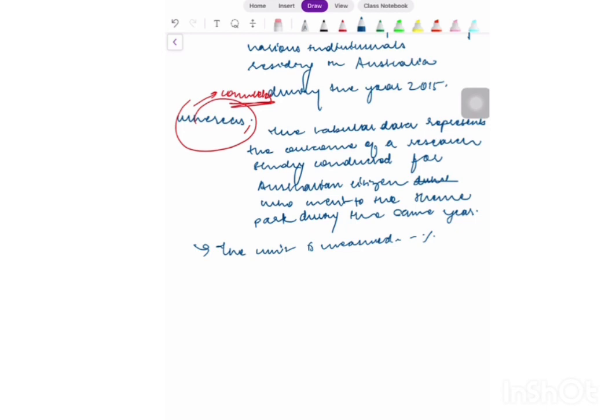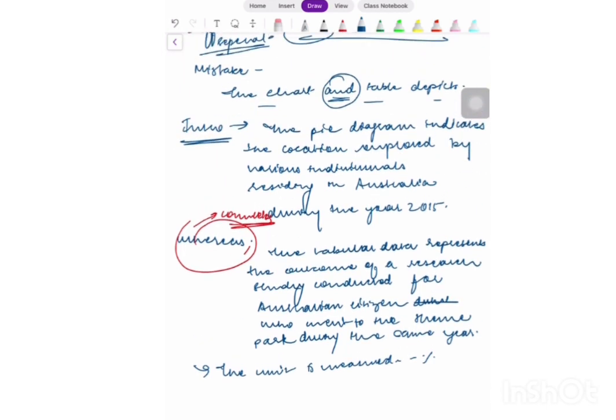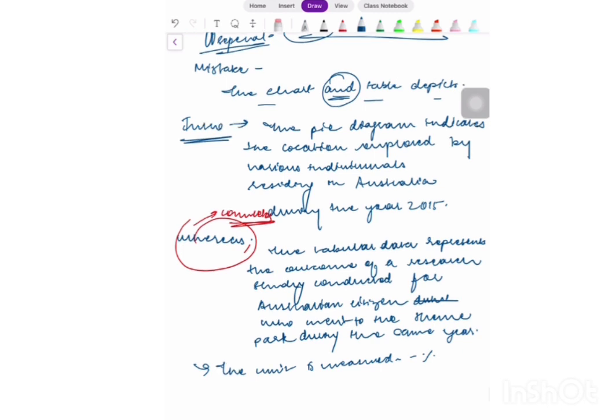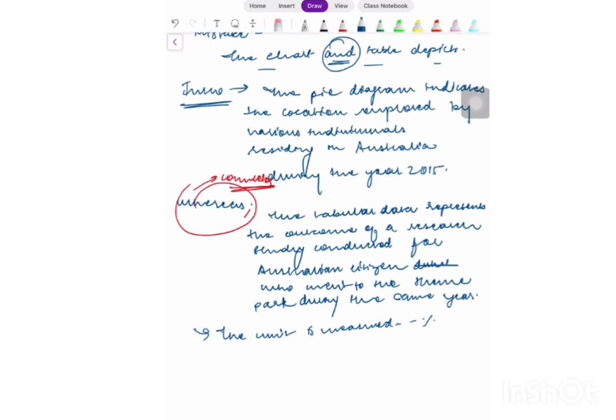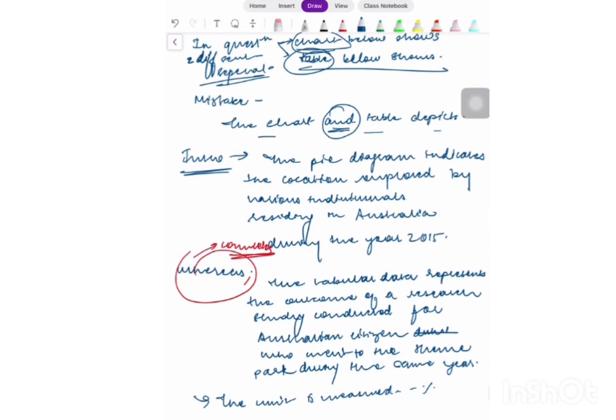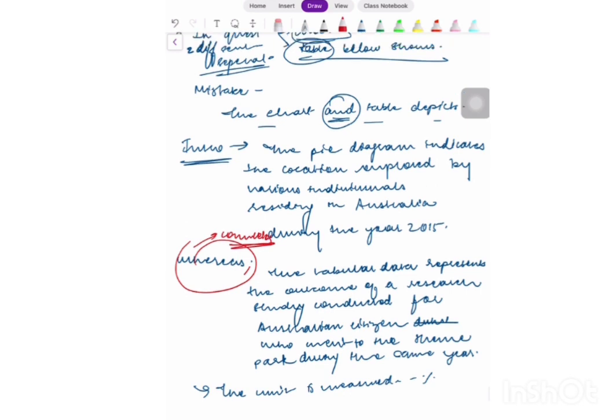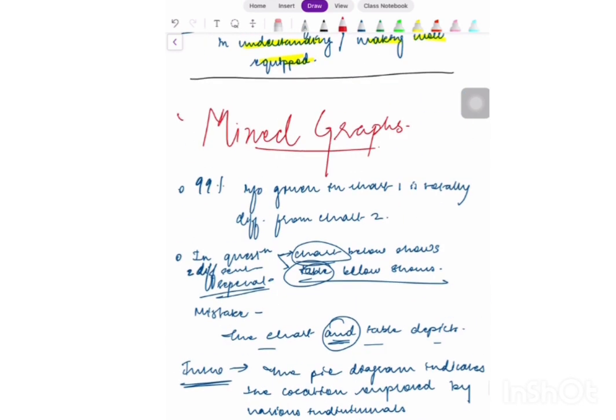Okay, another good point is that keep the tenses similar. If you have written the introduction in past tense, write the whole paragraph in past tense, like maintain the tenses. So the common mistake students do is that they would write some hodgepodge thing, because there are two different things given, therefore the heading mixed graphs.